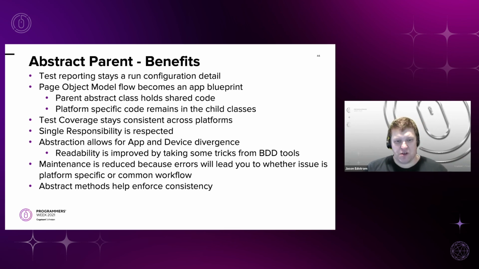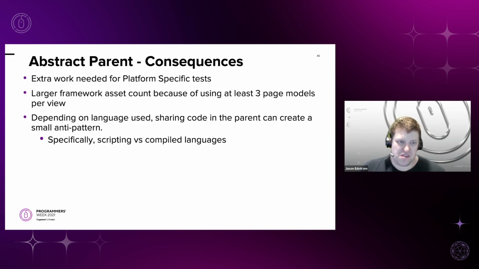The abstraction allows for app and device divergence, whether it be iOS, Android, phone, or tablet. Maintenance is reduced because our errors will lead us to the specific platform or the common workflows in the abstract. And the abstract methods also help enforce that consistency.